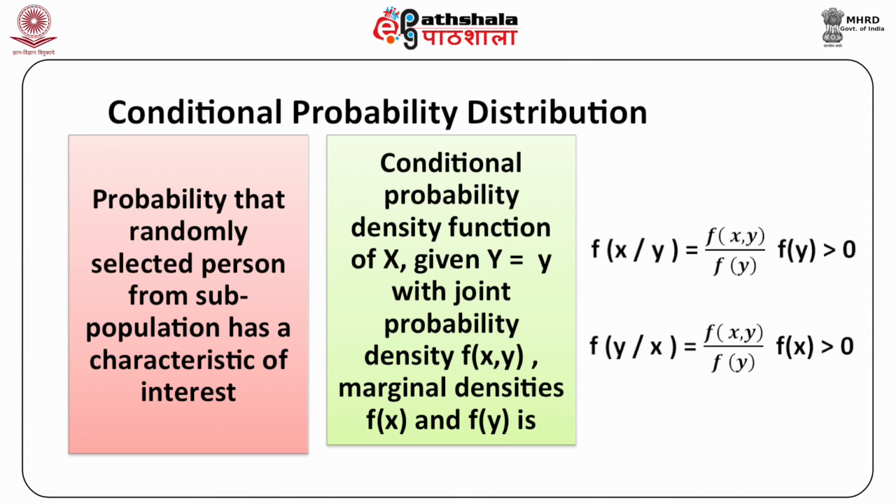A conditional probability distribution describes the probability that a randomly selected person from a subpopulation has the one characteristic of interest. Conditional probability functions for continuous distributions.